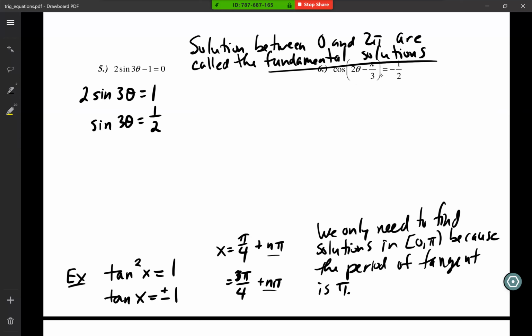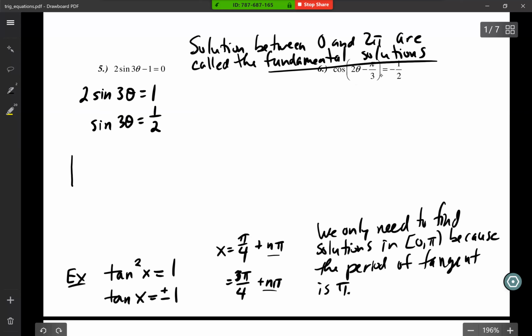All right. Now, I see that I have a 3 theta in here, but I'm going to ignore that fact for the time being. I'm going to treat this like it's just an x or a y or whatever. This is the angle that I'm interested in. I'm just calling it 3 theta for the time being. All right, so I'm interested in angles that have a sine equal to a half.